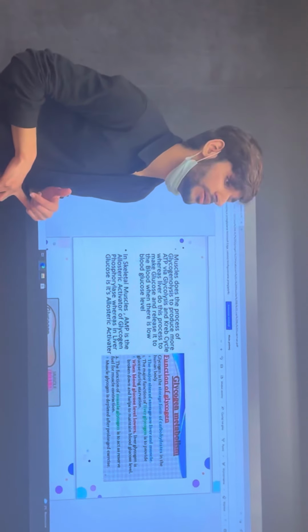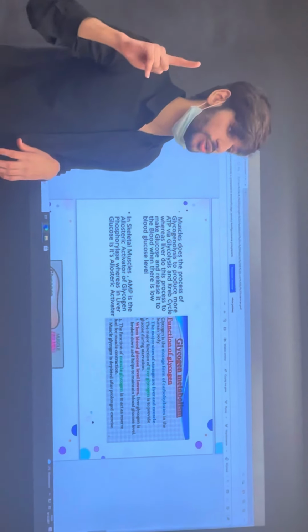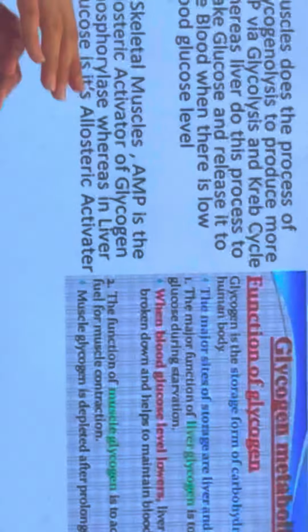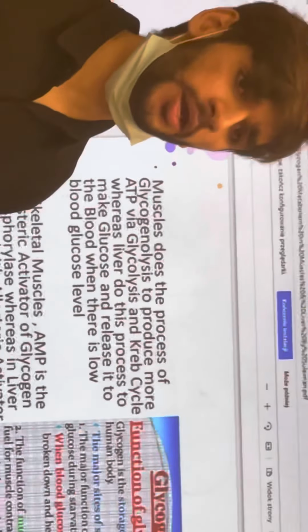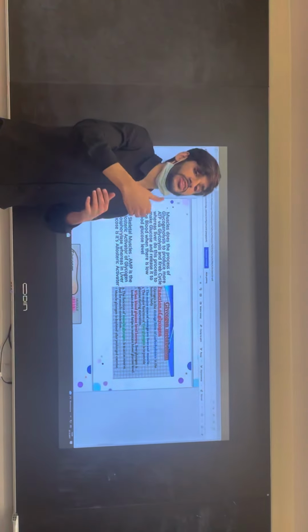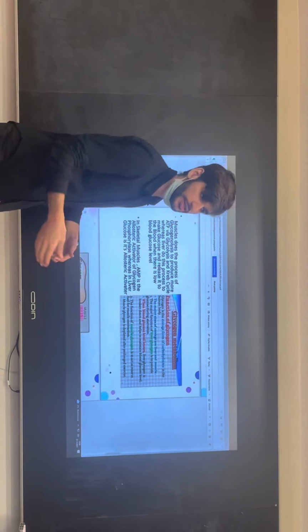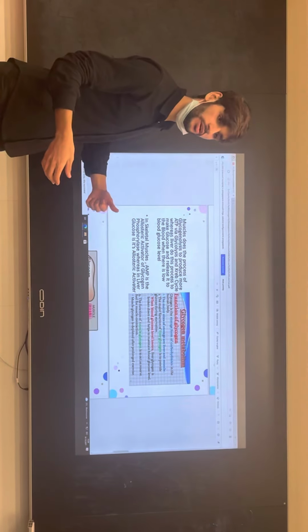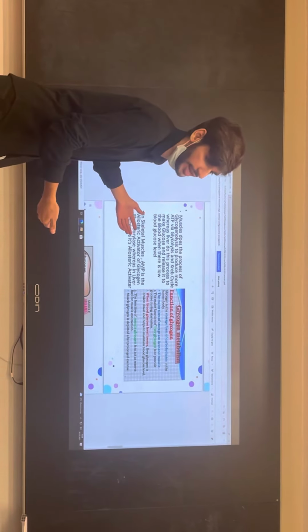And in the liver, we have an enzyme known as glucose 6-phosphatase, but in muscles we don't have such an enzyme. And one more thing, in muscles, AMP is the allosteric activator of glycogen phosphorylase. On the other hand, in the liver, glucose is the activator of glycogen phosphorylase.